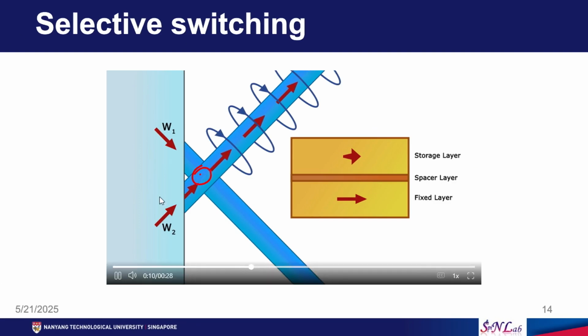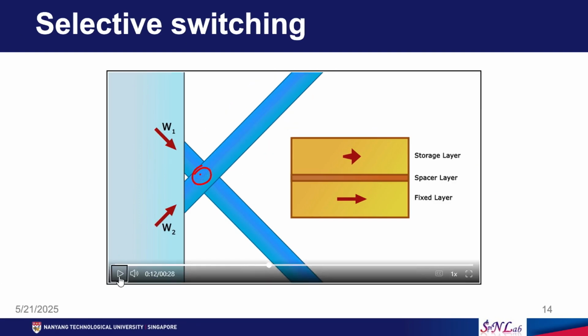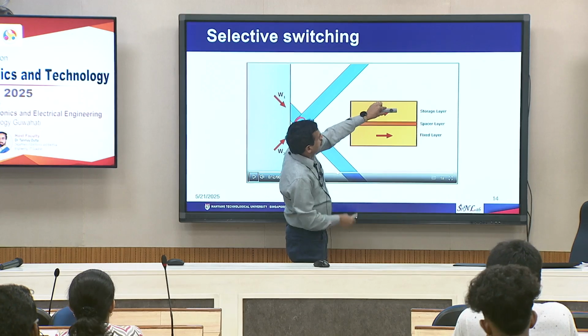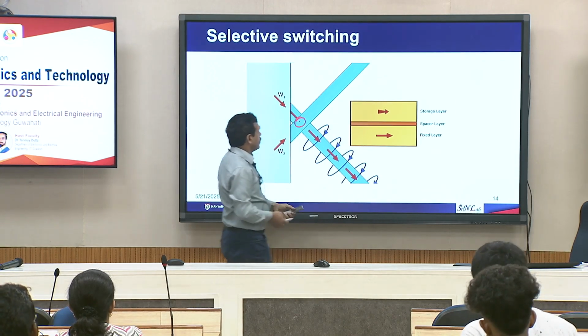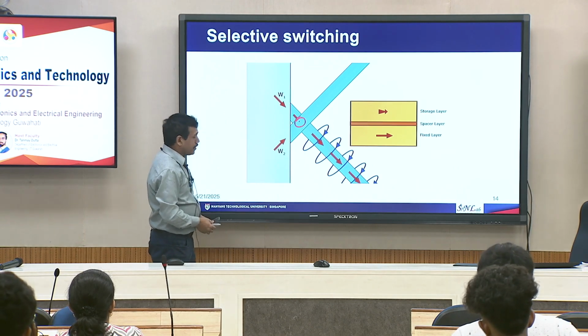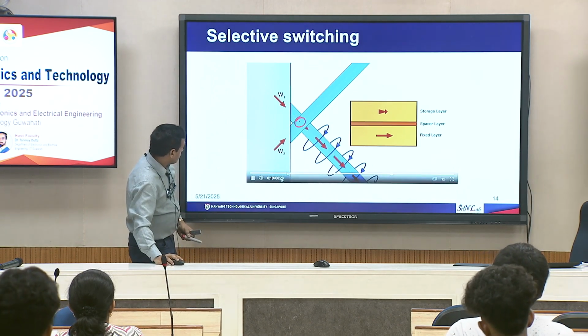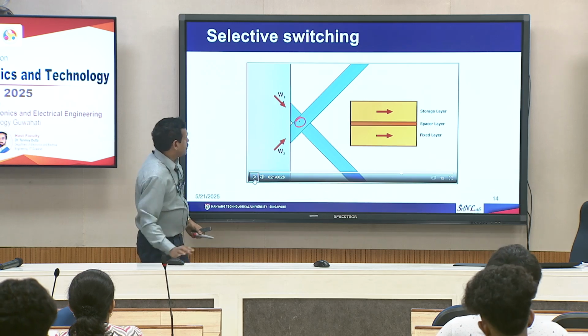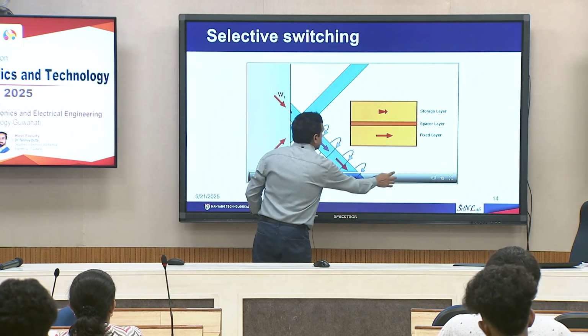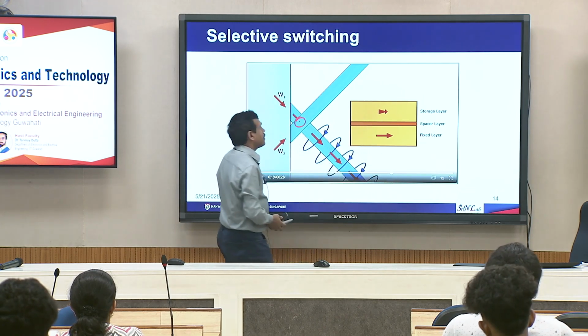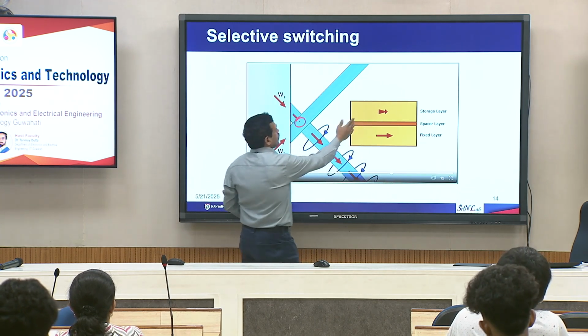When you send current through only one wire, you produce a certain magnetic field. That magnetic field has rotated the magnetization direction from being parallel to somewhere in this direction. Now, we send current through another wire. This current was making the magnetization go in some other direction, but it could not switch.